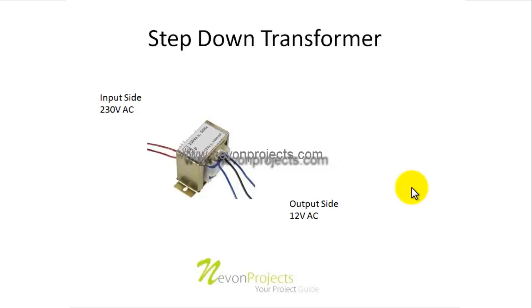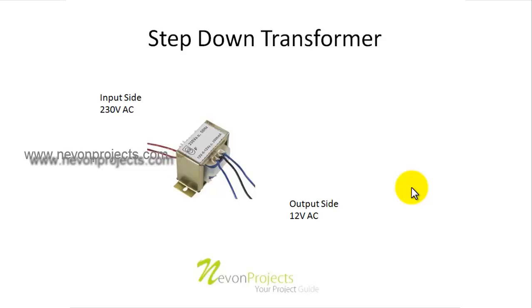So why do we need a step down transformer? A step down transformer is needed because it steps down the voltage given by the AC mains to the power project board. As shown in the figure, it converts the input side 230 volt AC to 12 volt AC. How does this happen?